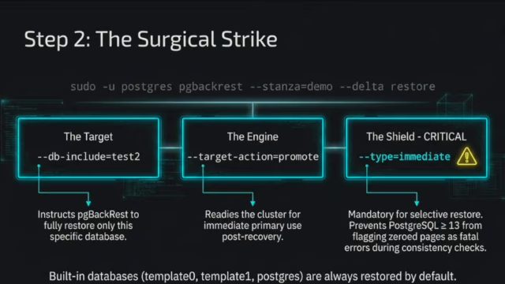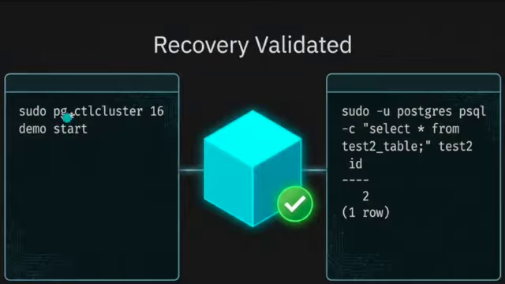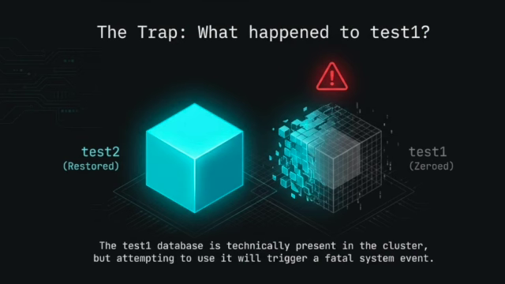If I include test2 with the db-include option, it will ignore the Nike and test1 databases, and all the default databases will be restored along with the database we mentioned in db-include. For this demo, we first start it up, and we get the number of tables and the number of rows. We are going to verify that once the restoration has been done.